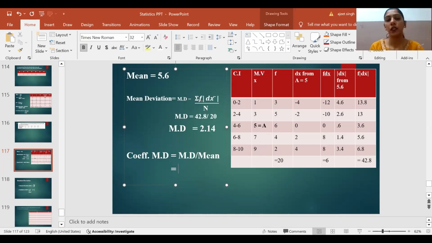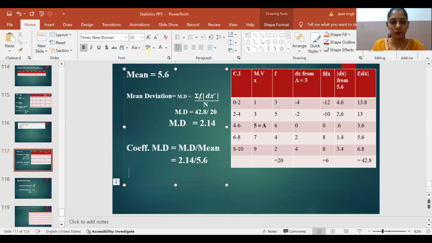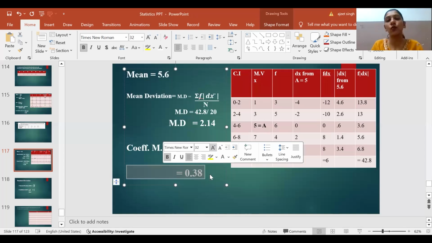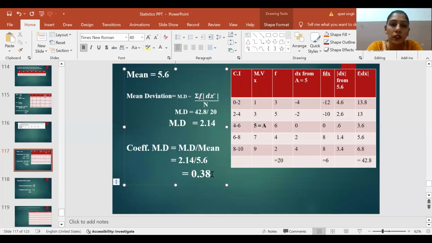The value of mean deviation is 2.14 and the value of mean is 5.6. 2.14 divided by 5.6 is equal to 0.38. So this is the answer of coefficient of mean deviation.